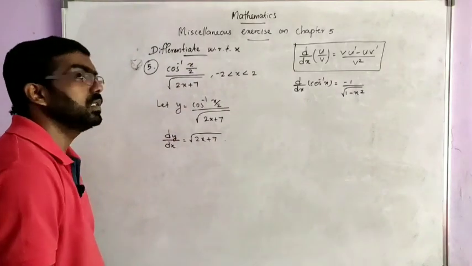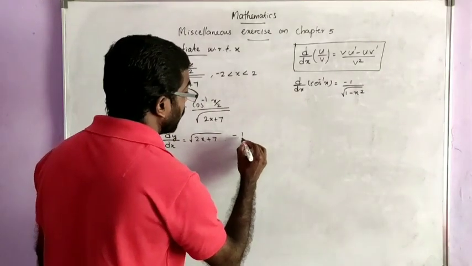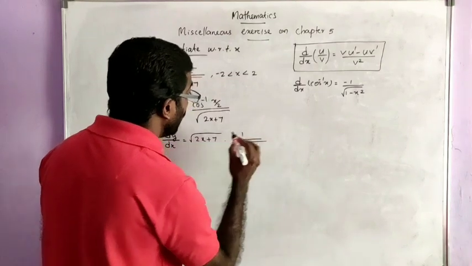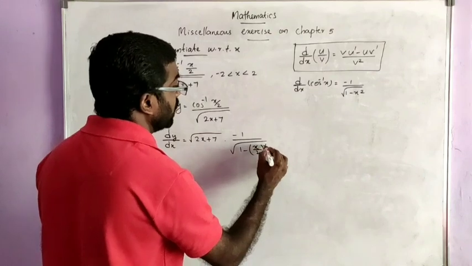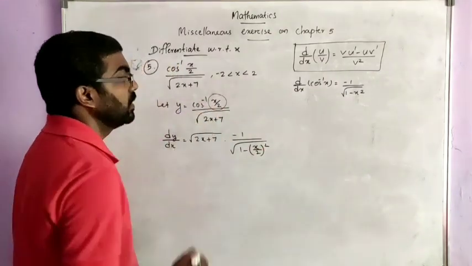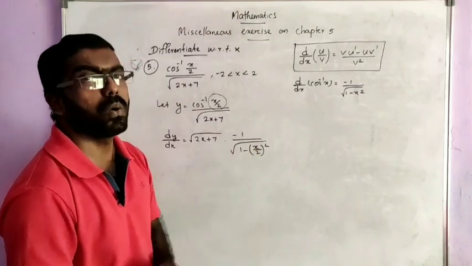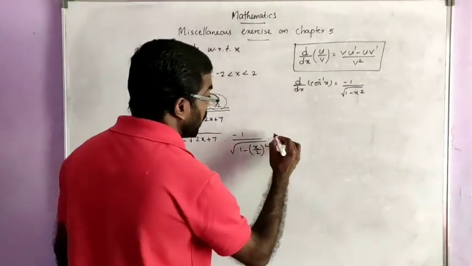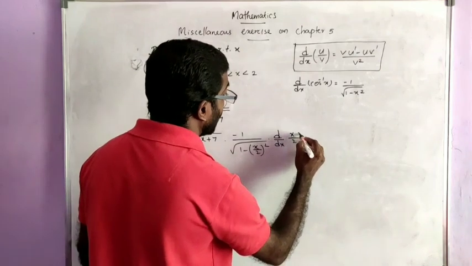Derivative of cos inverse x is minus 1 by root of 1 minus x square. So here we can write minus 1 by root of 1 minus x by 2 the whole square. Instead of x the term is x by 2. So here also we have to write x by 2 the whole square. And we have to multiply with the derivative of x by 2, that is d by dx of x by 2.